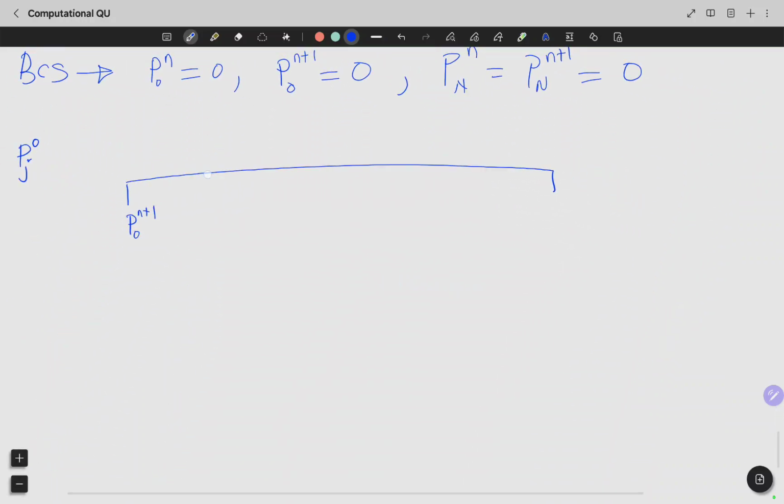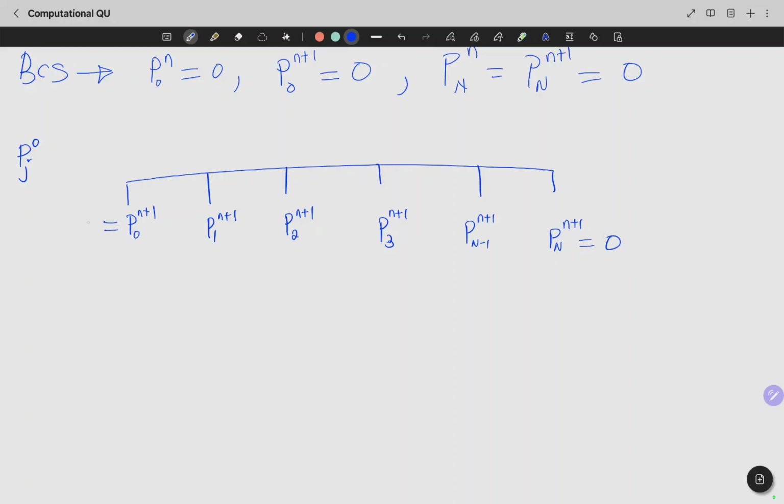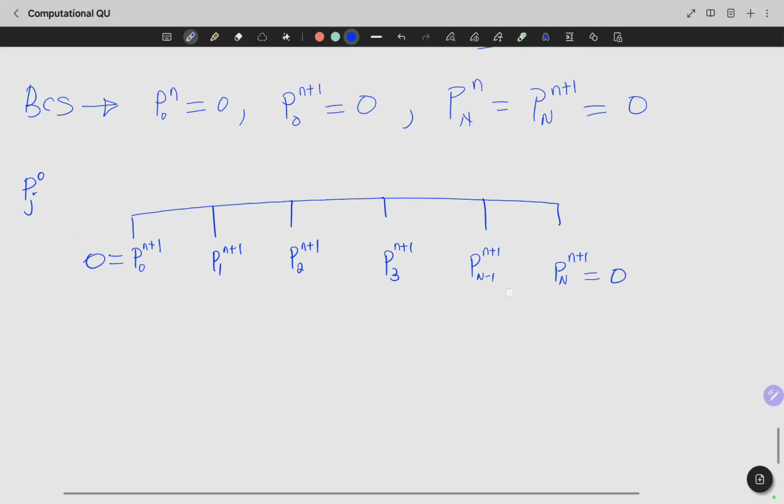Now you have this: P_1^(n+1), P_2^(n+1), P_3^(n+1), P_(N-1)^(n+1), and then P_N^(n+1). So this one is 0 and this one is 0. That's what we mean here.